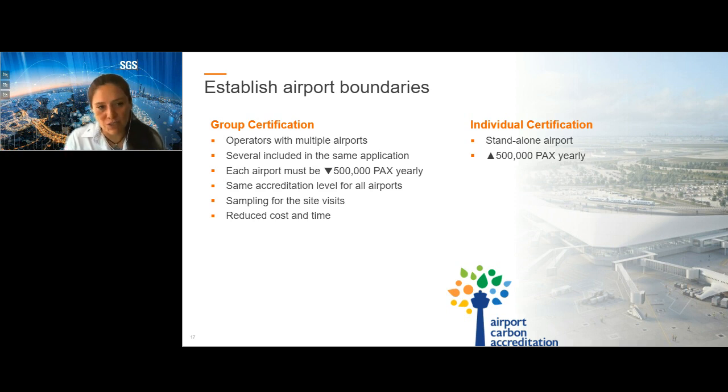We have to ask permission from the Airport Carbon Accreditation, but we have had several clients that did it, and we have already verified them, and they are already certified. So that's a possibility. If you are in that situation, we discuss it, and then together we prepare the question to the Airport Carbon Accreditation, and if they approve, then it could be a sampling for the site visit, which, of course, again, is a reduction in cost and time for you.